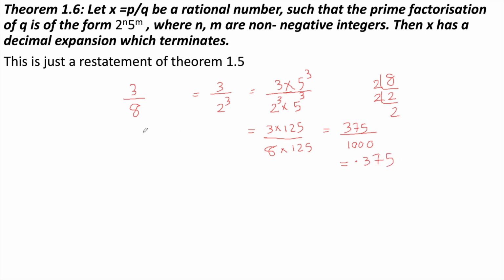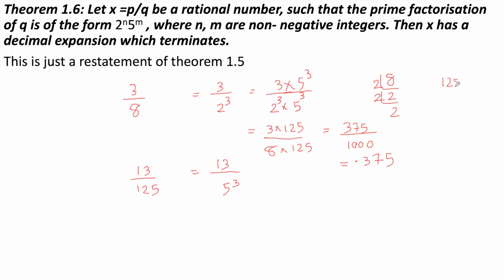So what we can conclude: it's not necessary that the denominator always has both 2 raised to n and 5 raised to m. If either of them is present, we can convert it into a power of 10. Again, I am taking one example, 13 by 125, that is 13 by 5 cube.